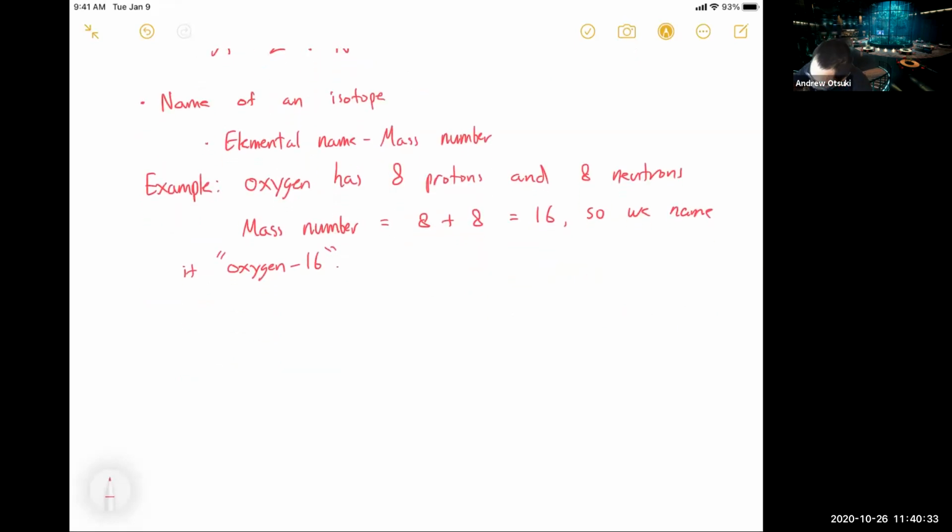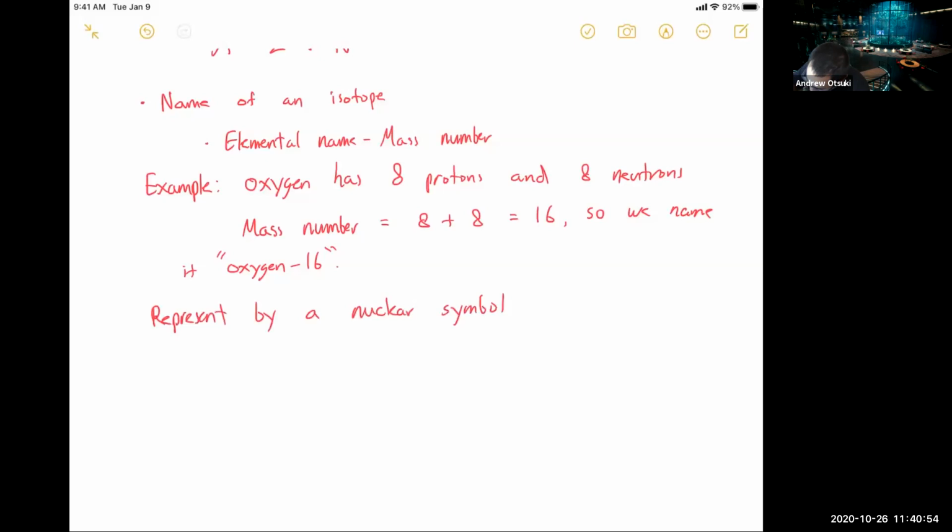We can also represent it by a nuclear symbol. You may encounter this notation in two different ways.